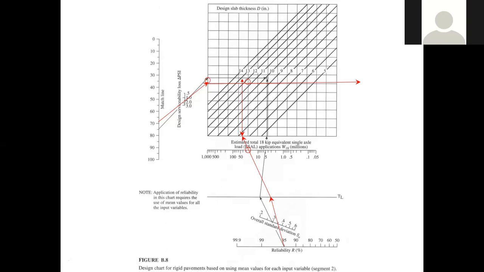And then from the transfer line, extend this point here. And once you do this, draw a perpendicular, and then you will find this line as the value of my thickness.